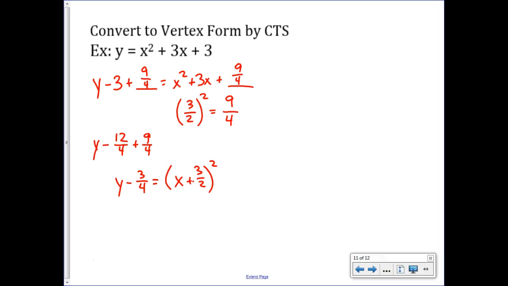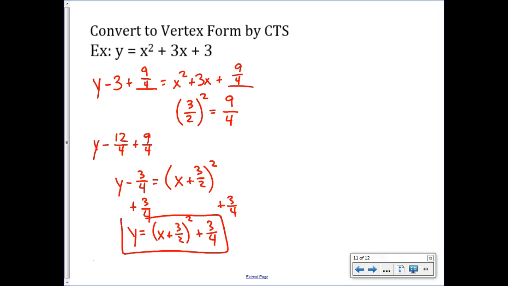And then I want to get y by itself, so I'm going to add 3 over 4. So y is equal to x plus 3 over 2, quantity squared, plus 3 over 4. It now looks like we are in vertex form. So we're finished with that.